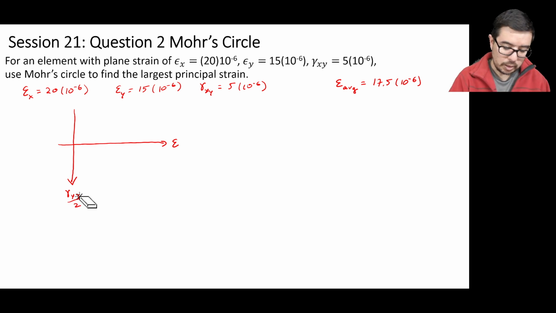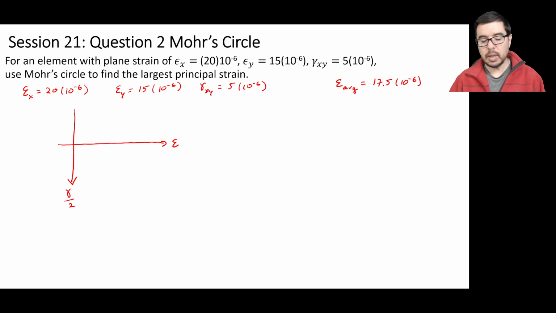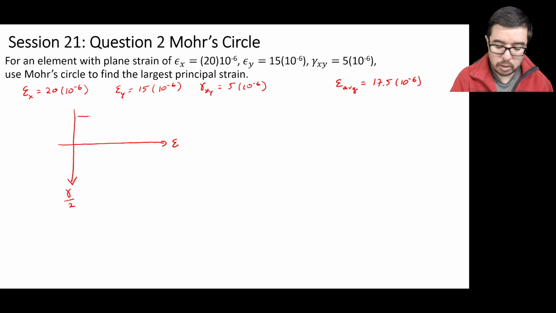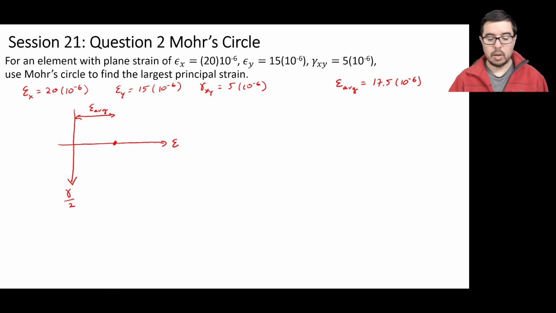And actually, we'll just call it gamma over 2, like that, for axes that we're going to use for Mohr's circle. The average that we're interested in, we can put about here. And we can also mark out the epsilon x and the epsilon y.